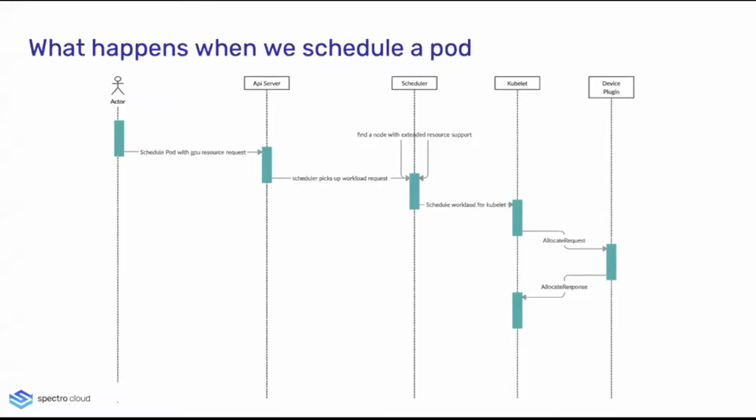The scheduler decides on a node which has the capacity for this extended resource, and the request gets assigned to that node. The kubelet on the node picks up this request and then negotiates with the device plugin. The device plugin in the response sends all the information which is required for the device, for the pod or the container initialization.